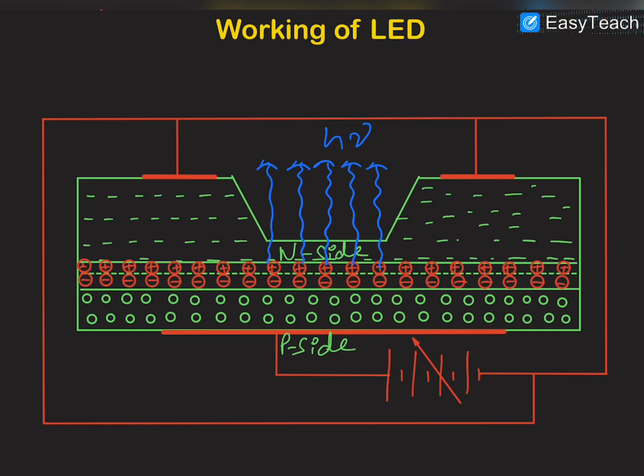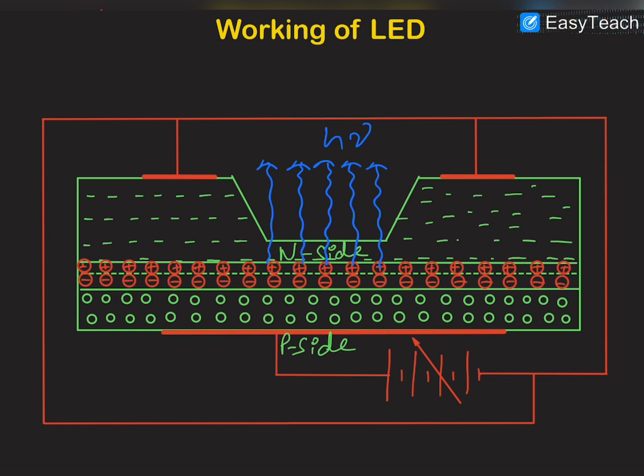And obviously, if we control the applied voltage, we can also control the light intensity emitted by an LED, as you have already seen. If we vary the voltage, the diffusion current will change, and then the number of majority charge carriers recombining at the junction will change.